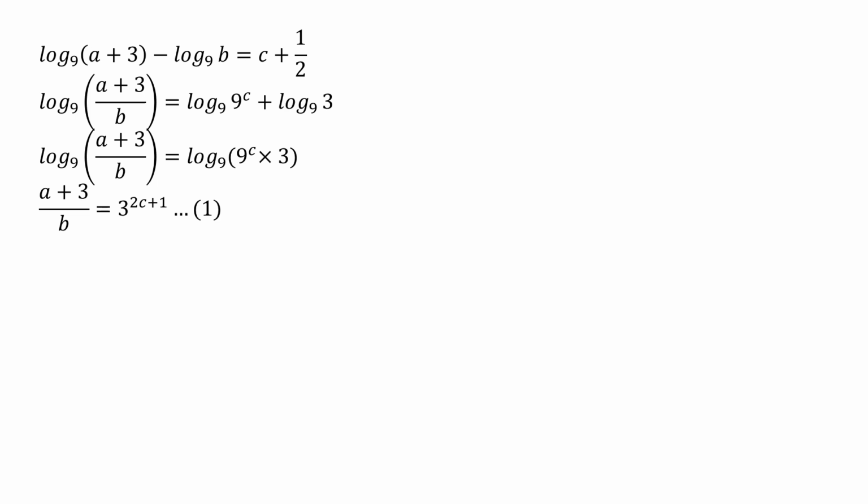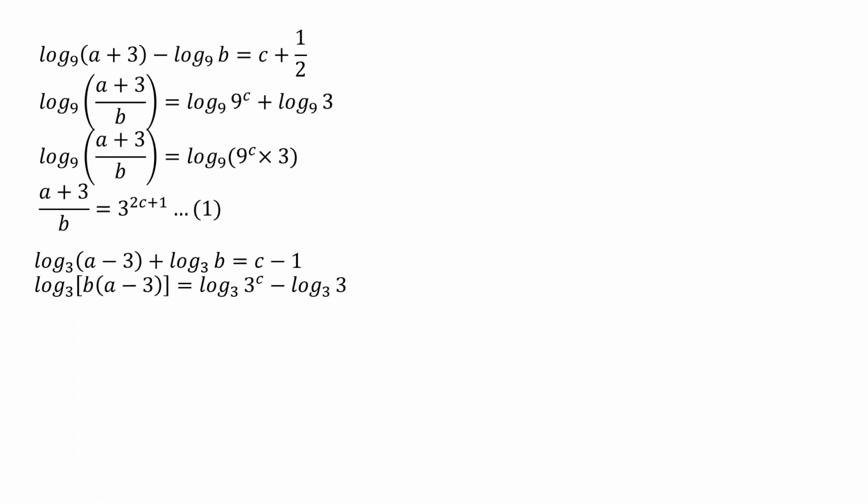We had log base 3 of a minus 3 plus log b base 3 equals c minus 1. So this one too, like I did for the first one, I express it in terms of log base 3. Now, when we have log base 3 of a minus 3 plus log base 3 of b, I just multiply b by the a minus 3, all that in log base 3.